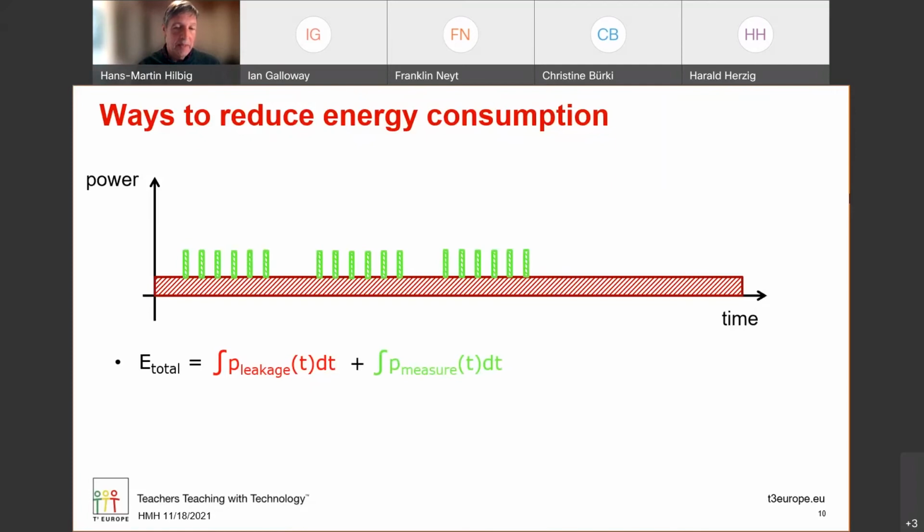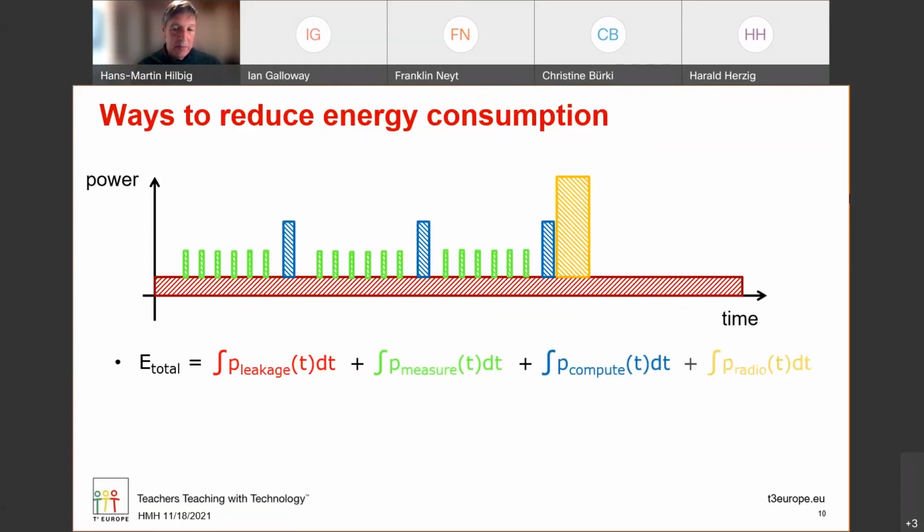And then I have the actual task of my device, my bike computer in this example. So I have a certain power that is used when I'm measuring the wheel speed, for instance. And I have some compute tasks to do, like take the wheel speed and transform this into kilometers per hour, as this is the speed we are commonly used to.